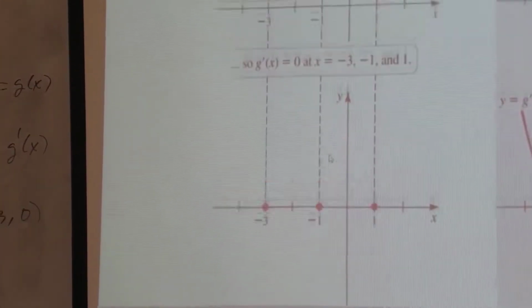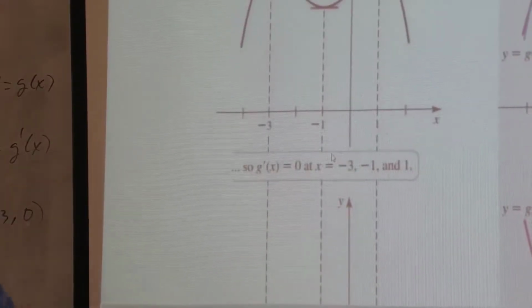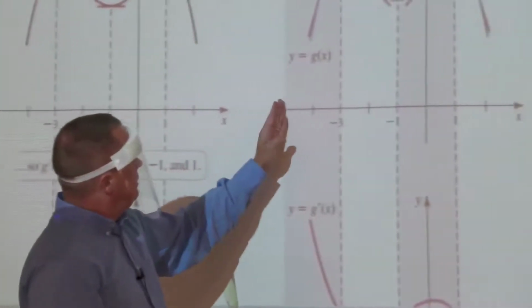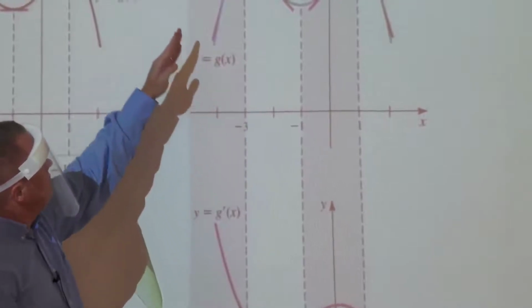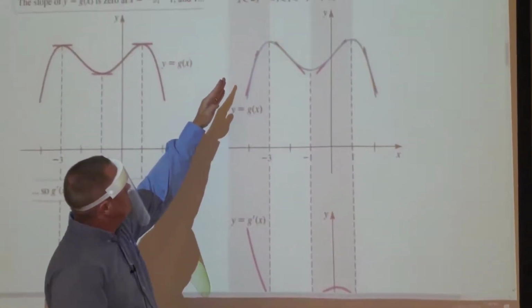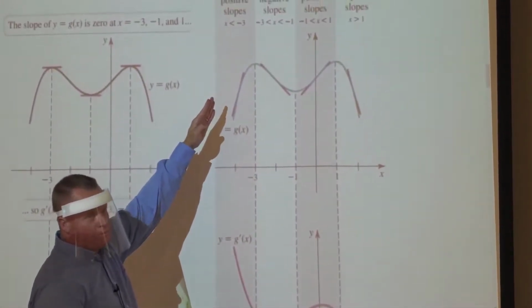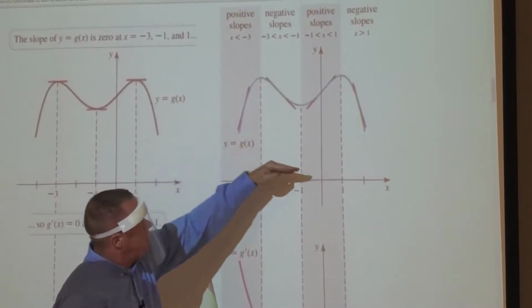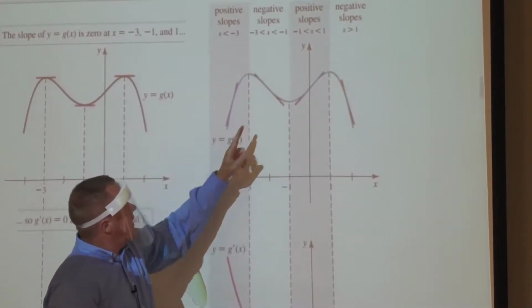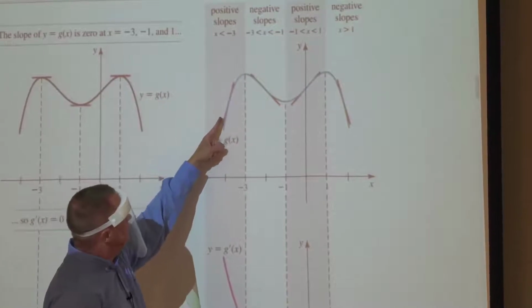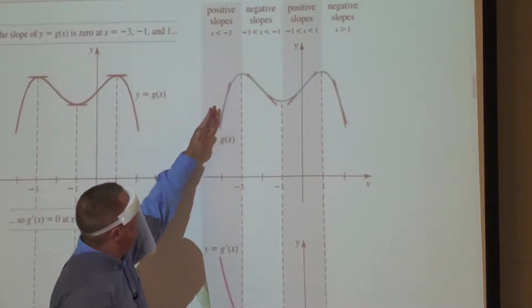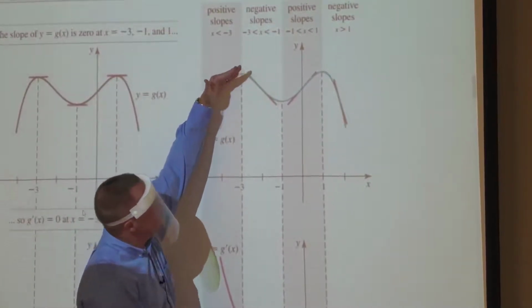Then they notice over here that on this interval, from here up to negative 3, your slope is positive, right? So that means it's going to be above the x-axis. As it gets closer, because that's pretty steep, what happens to that slope?